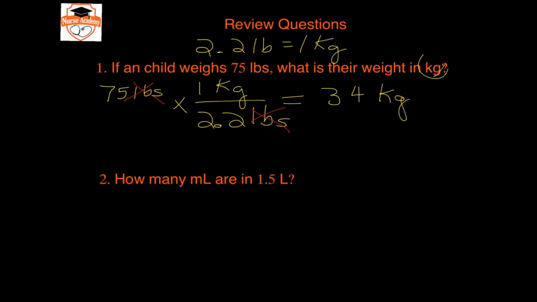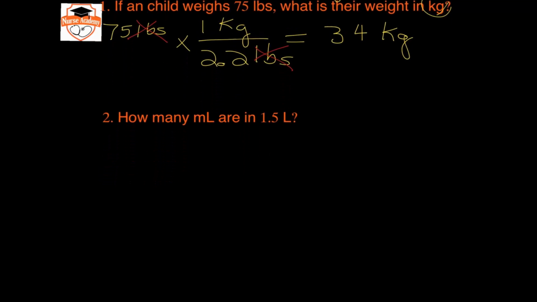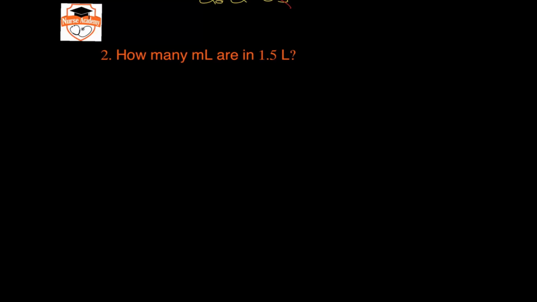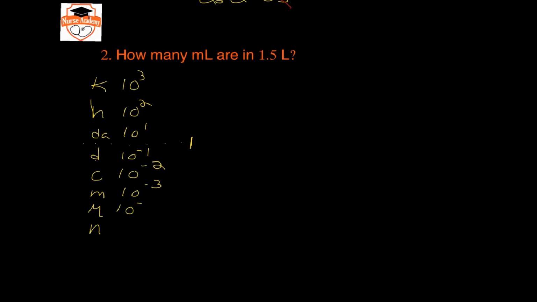For the second one, I need to remember my metric conversion chart. So I'll need to do a King Henry danced drinking chocolate milk many nights, and this is 10 to the third, 10 to the second, 10 to the 1, 10 to the minus 1, and remember, in between here is just the plain 1, or the unit with no prefix, 10 to the minus 2, 10 to the minus 3, 10 to the minus 6th, and 10 to the minus 9.